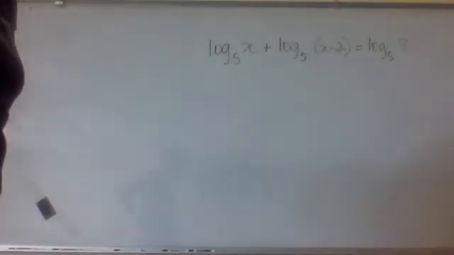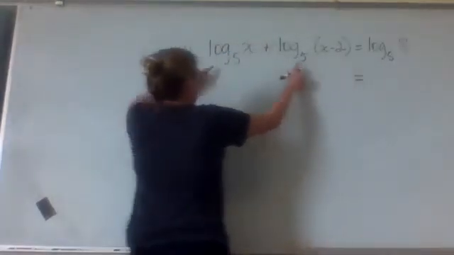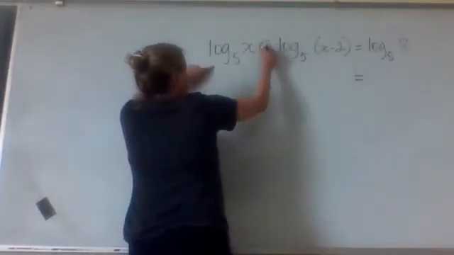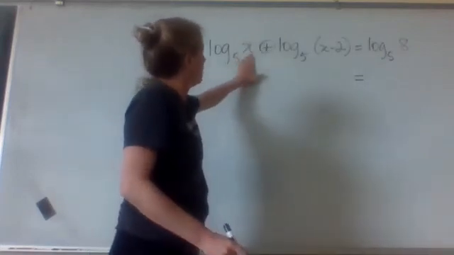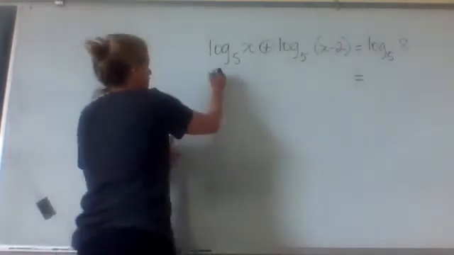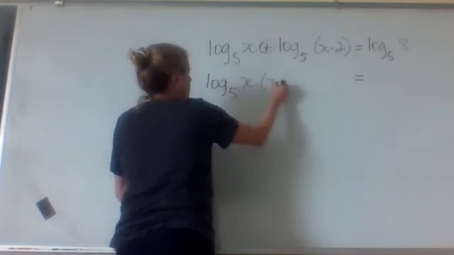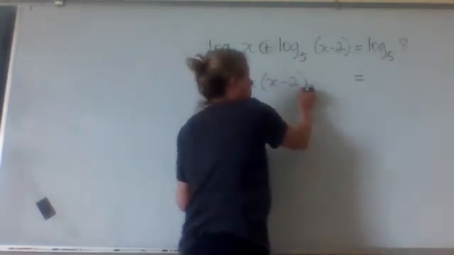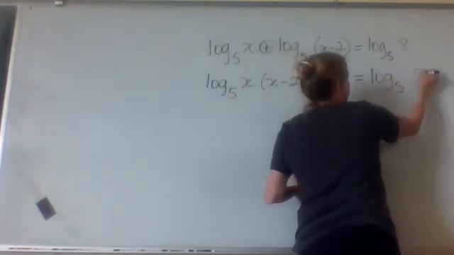All right, on the left side, rewrite your logs as one log. This time they are added, which means when I write it as one log, it's going to be x times x minus 2. I've got log base 5 of x times x minus 2. Just bring this side down. Log base 5 of 8.